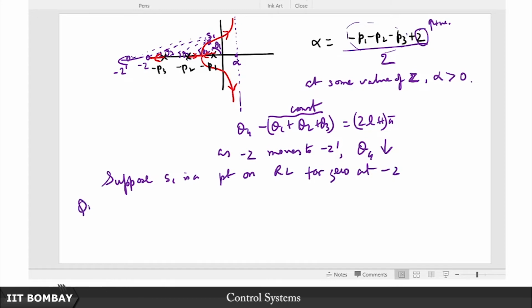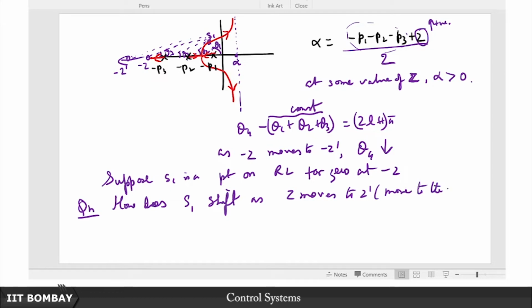We are interested in asking this question: how does S1 shift as z moves to z dashed, which is more to the left?